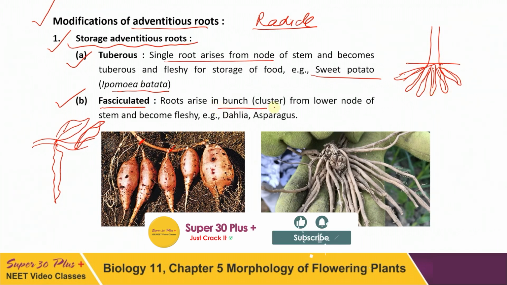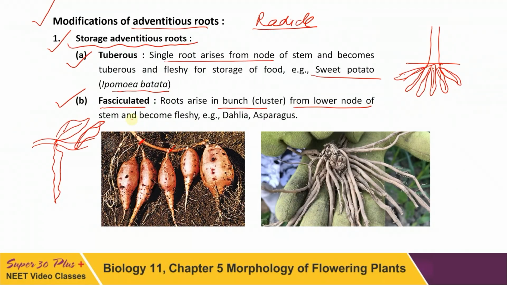This bunch or cluster arises from the lower part of the stem. They become fleshy because they have stored food. Examples are Dahlia and asparagus. You know, Dahlia and asparagus are botanical names. Therefore we have to underline them when writing, and when printed, they should be italic.